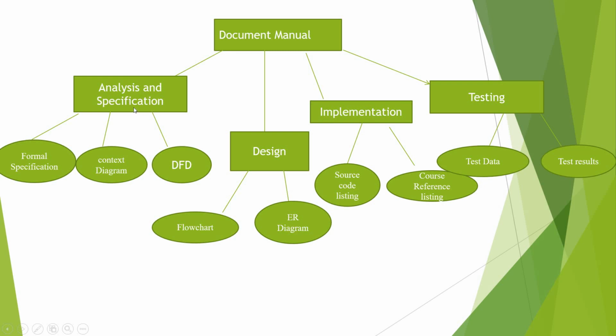Analysis and specifications is divided into three parts: formal specifications, context diagram and DFD, that means data flow diagram. Design is divided into flow chart and ER diagram. Implementation is also divided into source code listing and cross reference listing. And the fourth one, testing, is divided into test data and test result.